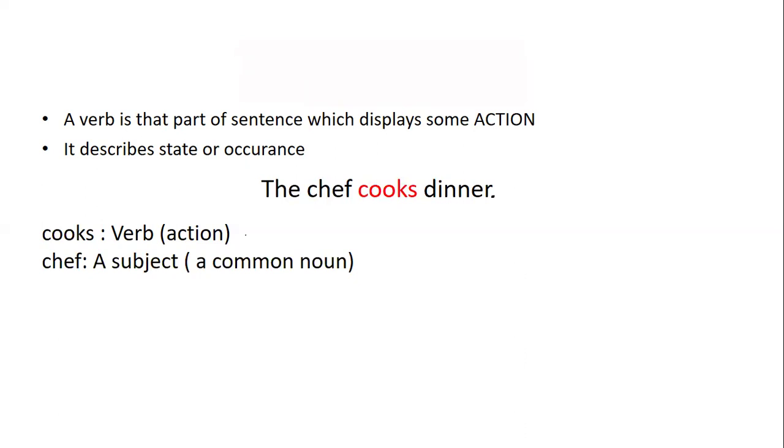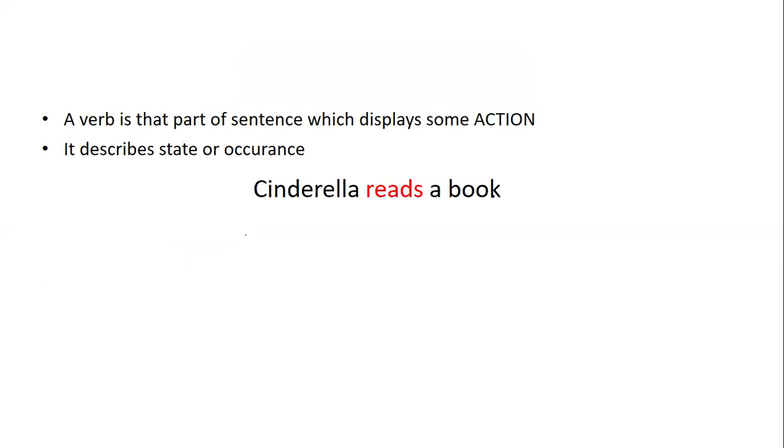We don't know the name of the chef, which chef is cooking it. So we can say chef is a common noun. Dinner, that's a thing, and it is receiving the action of the verb cooks. So dinner is our object, and it is also a common noun.